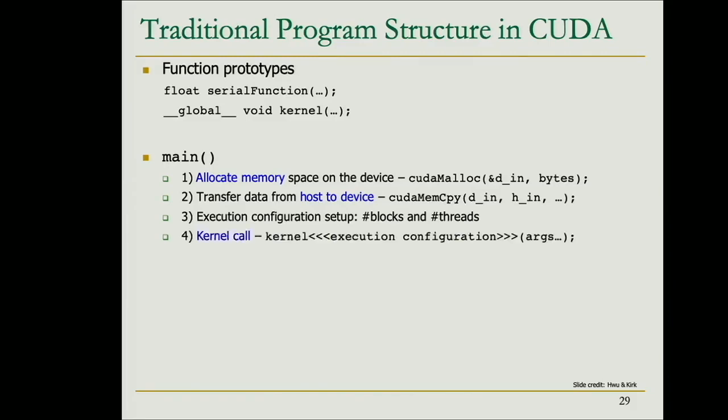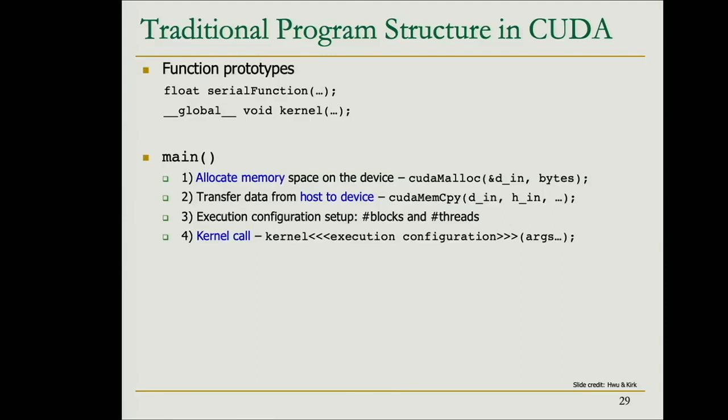Next thing to do is to call the kernel. This is the kernel launch. Inside this part, what we have is the execution configuration. So here we will have the number of thread blocks that we launch, here the number of threads, and then the arguments. What's going to be one of the arguments? For example, in our matrix computation, what would be the arguments?